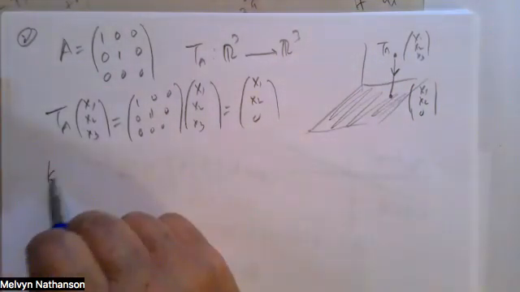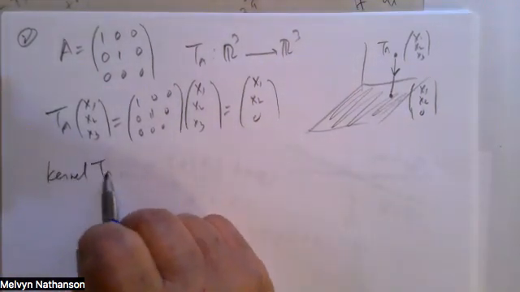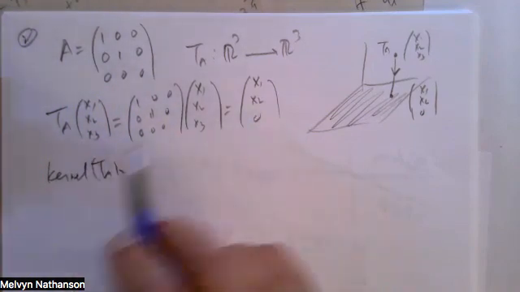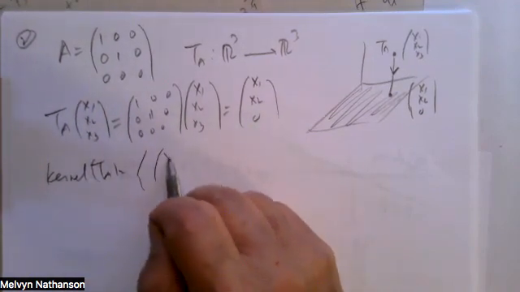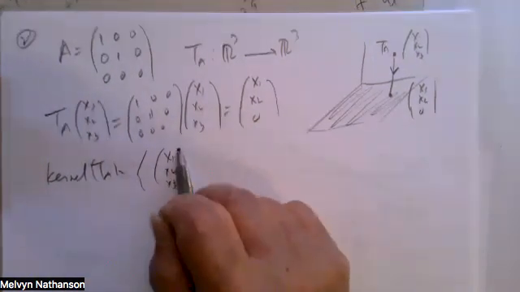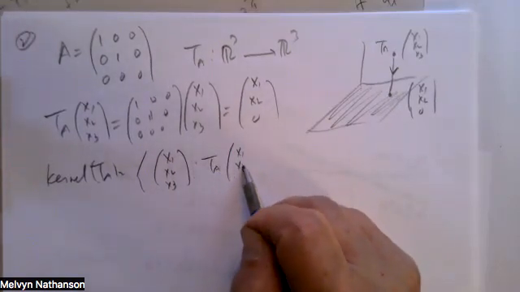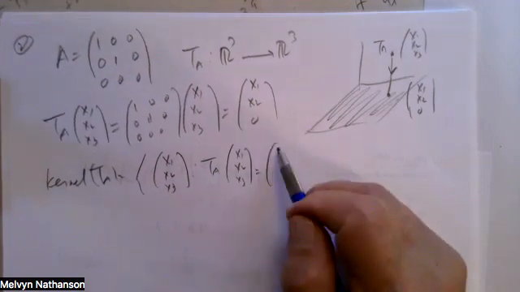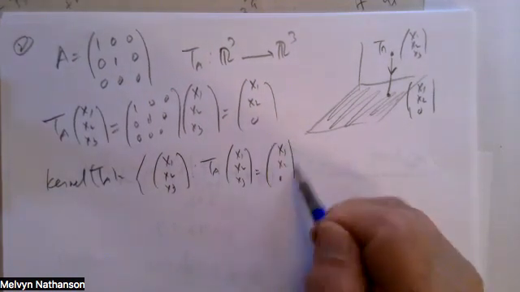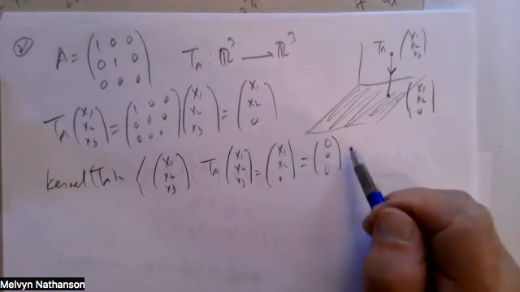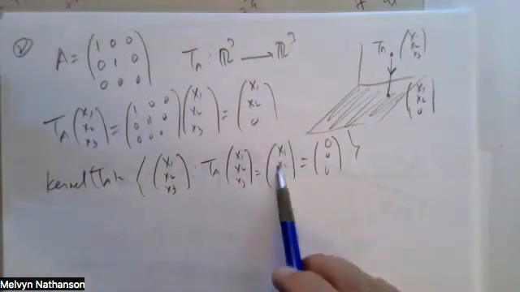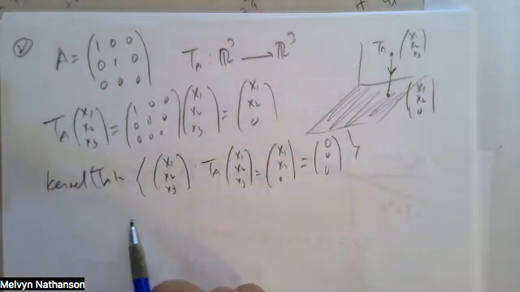So what is the kernel of T sub A? It's all vectors that get sent to 0. It's all vectors x1, x2, x3 such that T sub A of x1, x2, x3, which is x1, x2, 0, is the 0 vector, which means exactly that the first two coordinates are 0.